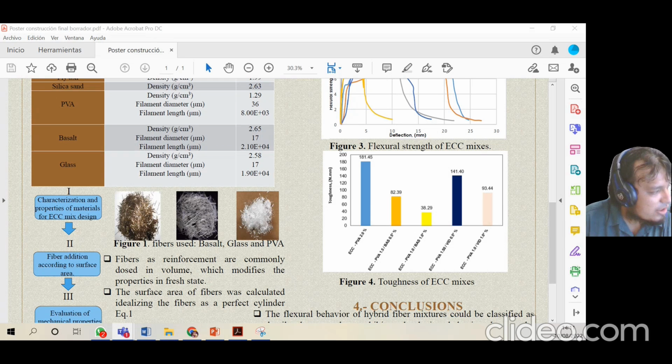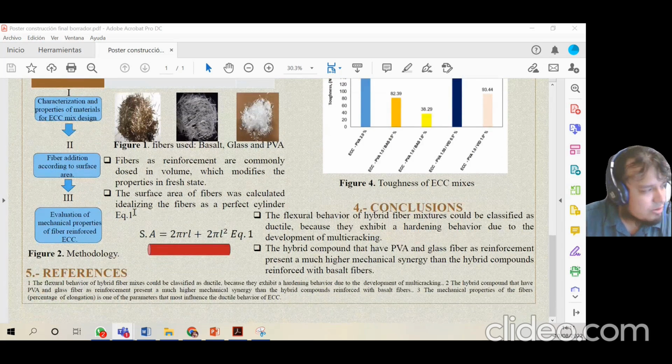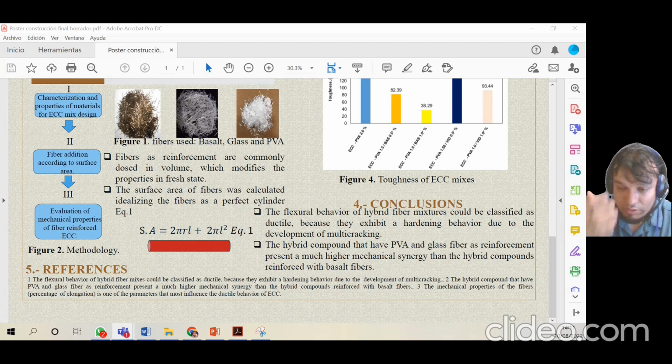In a second stage, we obtained the surface area of each fiber, considering the properties of each one. That surface area we obtained using equation one, as you can see. That equation used the radius and length of each fiber.